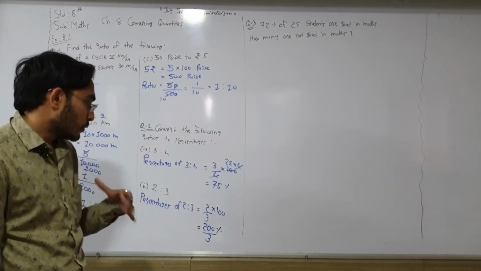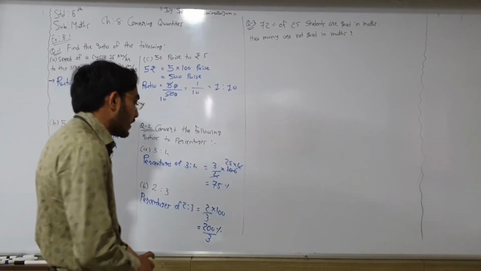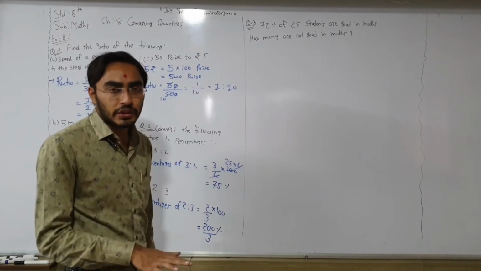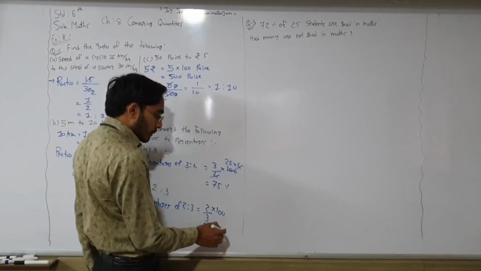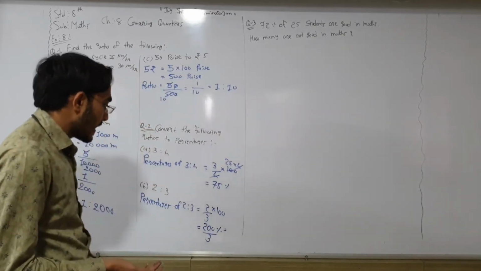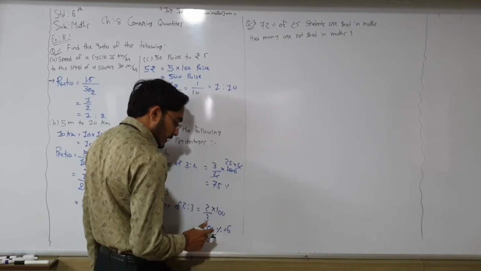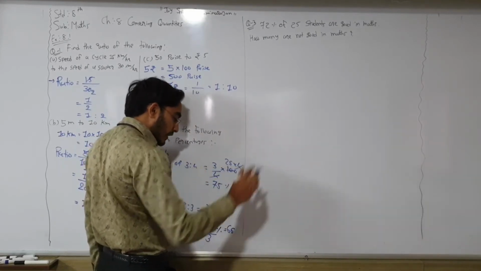We can also divide this number, and we can also write in decimal numbers if we want to write. If you write 200 by 3 percentage, then your answer is right. But we can also convert it to decimal point, otherwise mixed fraction. So 3 6 are 18. Again 0, 3 6 are 18. So 66.6666 continue.